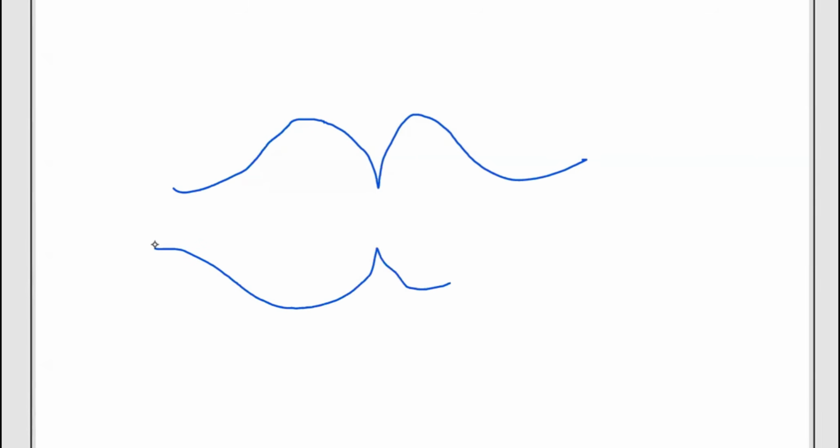Usually say Mr. M. Why is it Mr. M and Mrs. W? Then they have a bow tie.